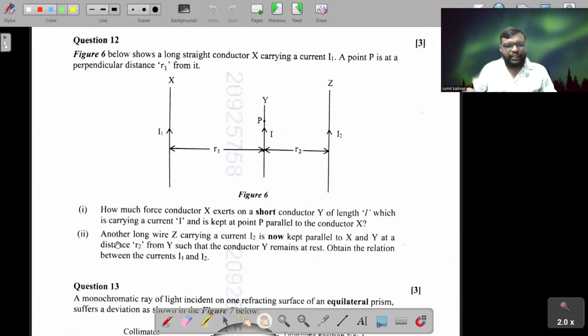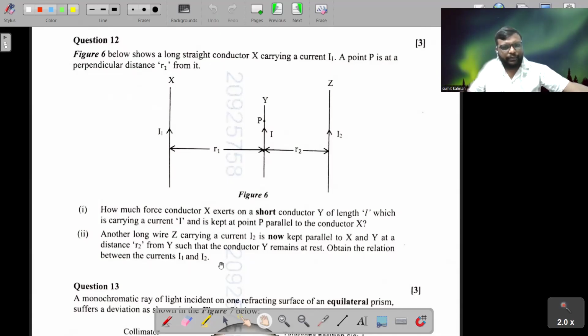In the second part, they are asking, another long wire Z carrying a current I2 is now kept parallel to X and Y at a distance R2 from Y such that the conductor Y remains at rest. You have to obtain the relation between the currents I1 and I2. So students, this problem is very simple but a little bit tricky. So we will proceed for the solution.